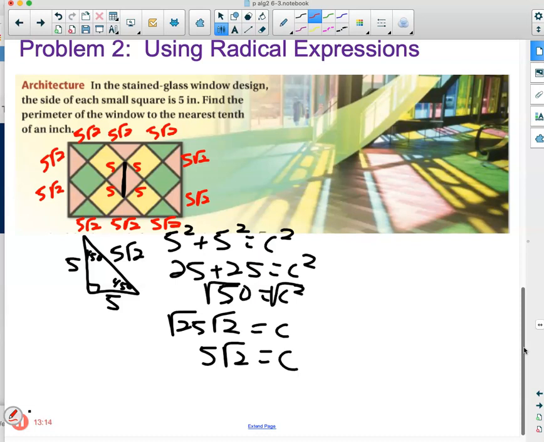Instead, I'd say I have 1, 2, 3, 4, 5, 6, 7, 8, 9, 10 of those. And then I'd remember, real numbers can be multiplied by other real numbers. Radicals get multiplied by radicals. So I can multiply the 10 times the 5. And I'd get 50 square roots of 2, and this would be inches.